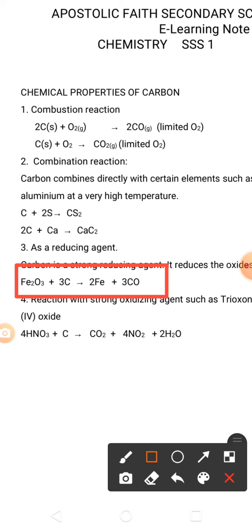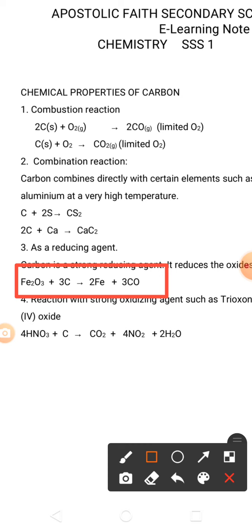You have three atoms of oxygen. But when carbon reduces it, it reduces to Fe with no oxygen again, while carbon itself now has one oxygen. That means that carbon has increased, while iron has reduced. So carbon reduces iron 3 oxide to iron, and carbon increases itself from carbon to carbon 2 oxide. Please take note of that.